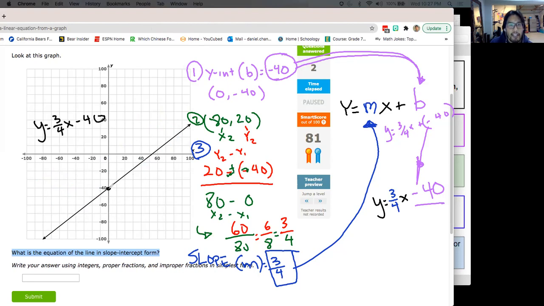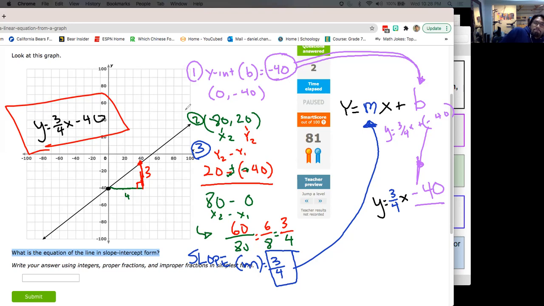We cross the y-axis at -40, and then every point on that line is going to be some ratio of 1, 2, 3, 4, a slope of 4 horizontal to 3 vertical. 1, 2, 3, right there. 3/4 is our slope. And so very clearly, this equation represents this line.